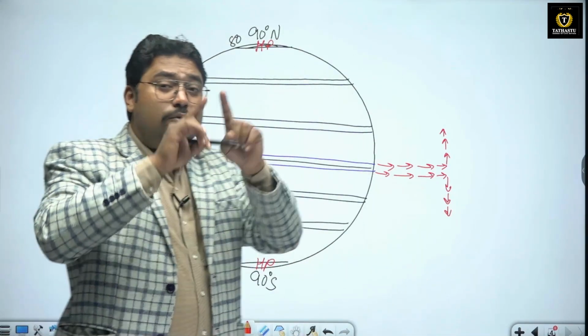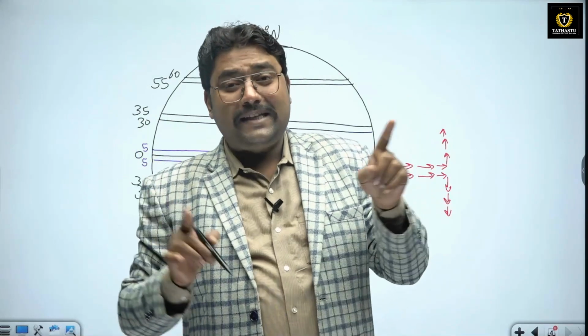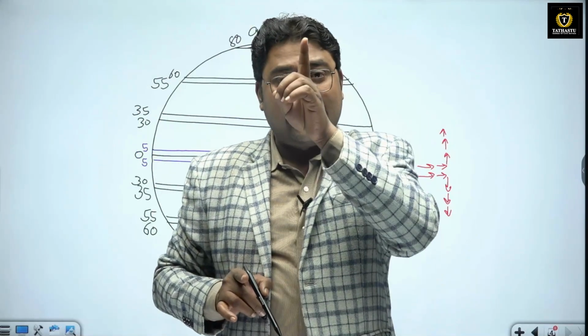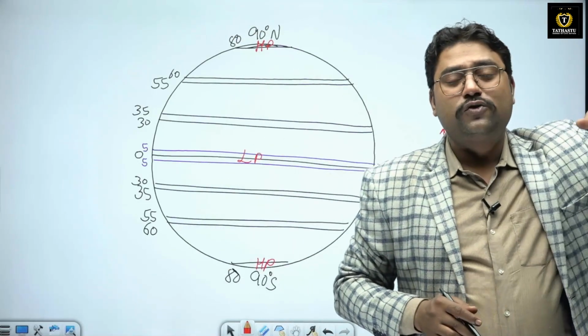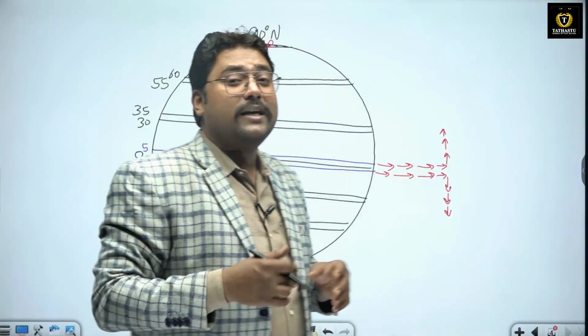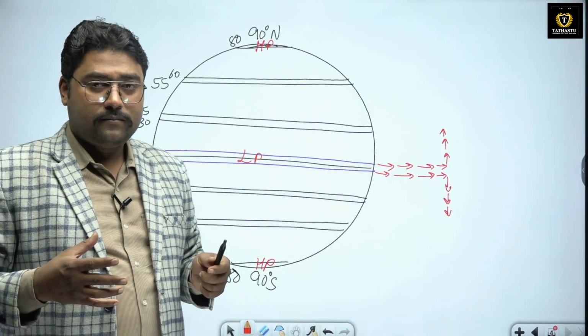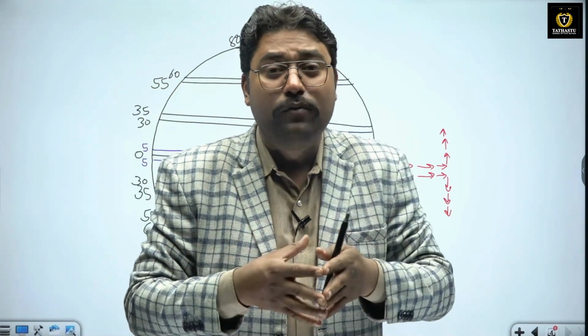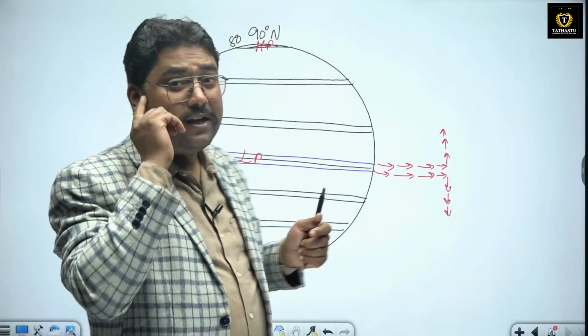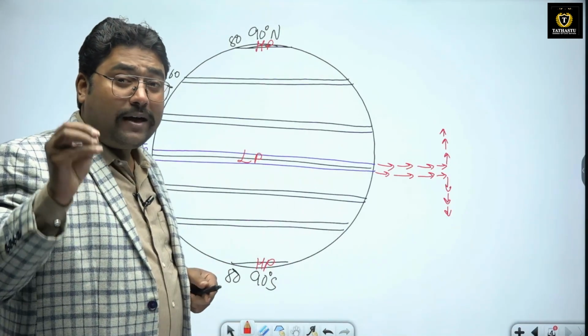Now when they will move, basically the air which is being lifted up over the equator is over the source region. But when they will leave the source region, their energy will decrease and basically they will move away from their source region. So what will happen?